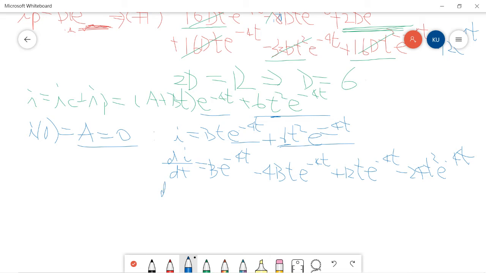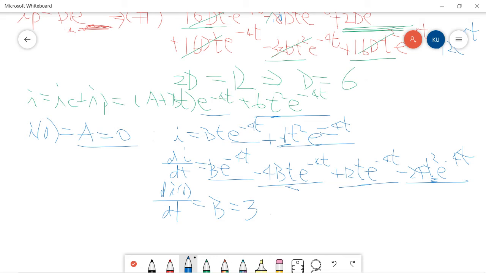And then we substitute t equals to 0 in this expression. So this one is b, this one is 0, this one is 0, this one is 0, because we have t here. Any finite number multiplied by 0 will be 0. So b is actually 3.